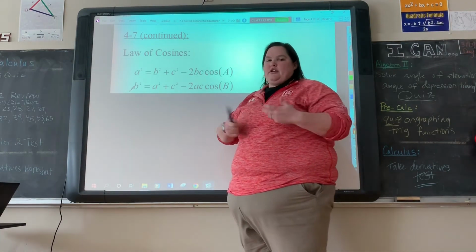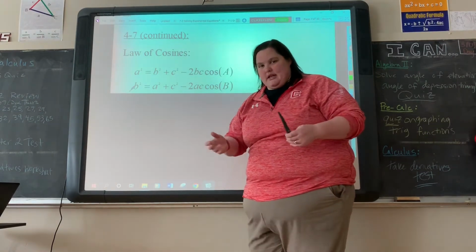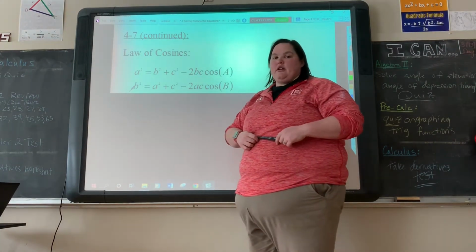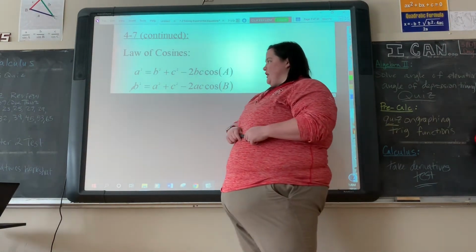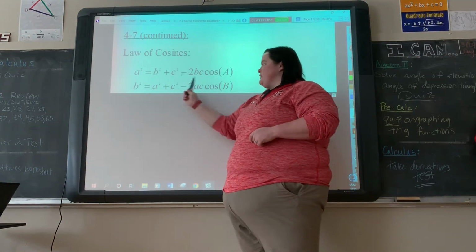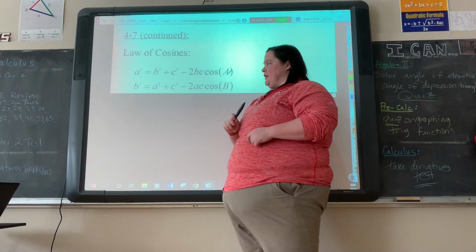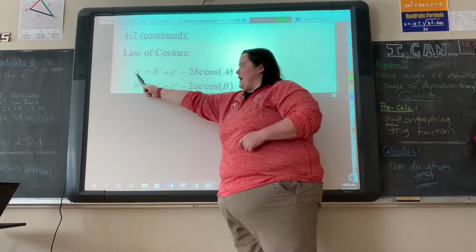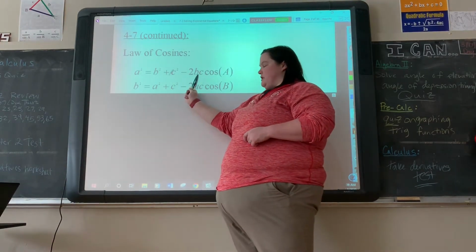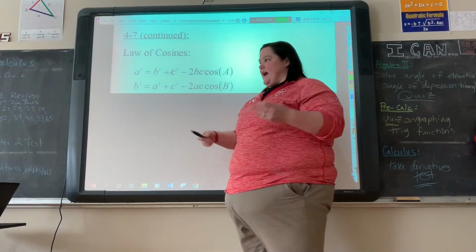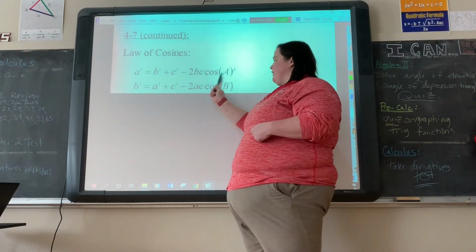The sides are kind of interchangeable, so if the letters aren't A, B, and C, you can switch them out. But again, whatever side you're looking for, if you know two sides and an angle, just plug it into the corresponding spots here. Or if you know all three sides, you can put them in for the sides part of the formula and look for that one angle.